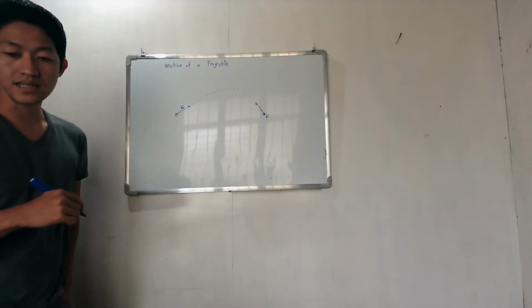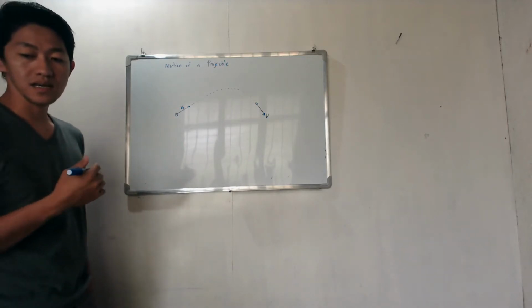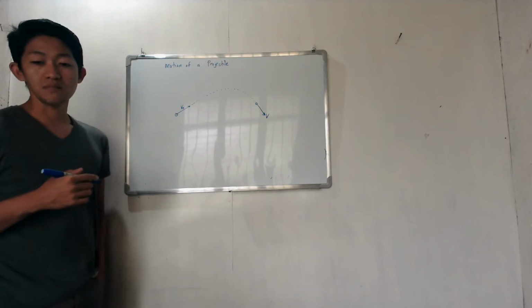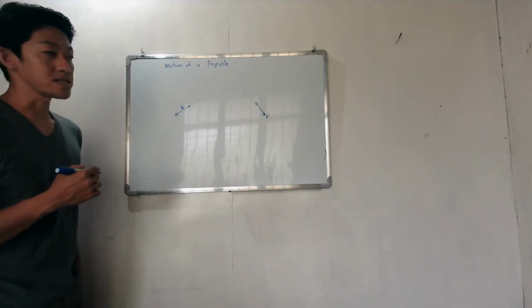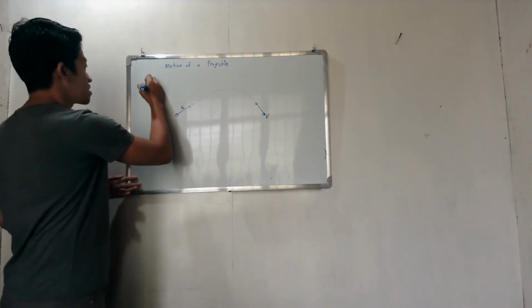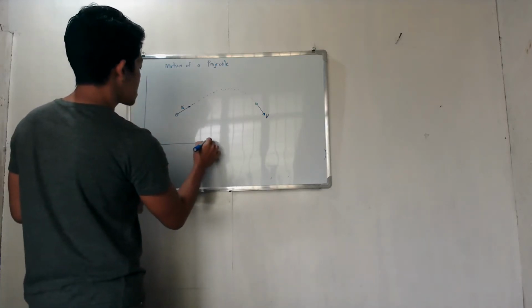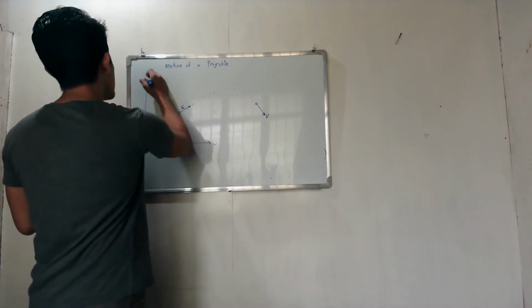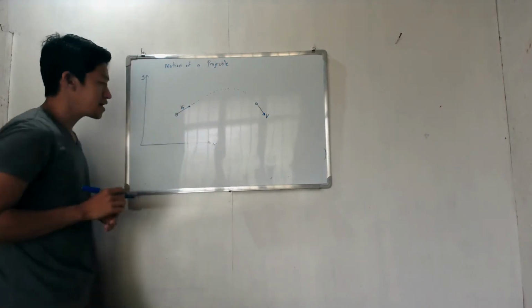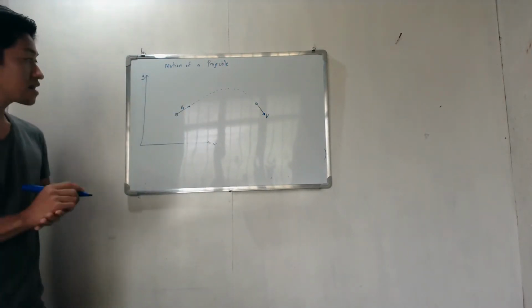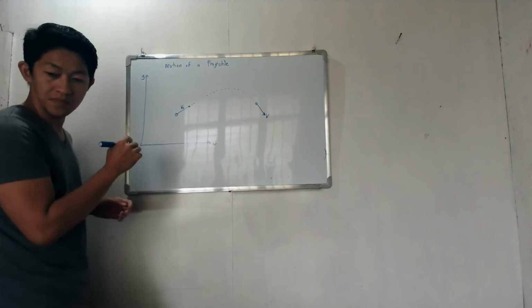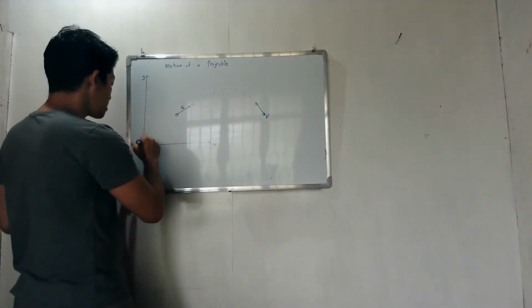How do we analyze this? By applying what we have learned about rectangular components. So we have a coordinate system, x and y.